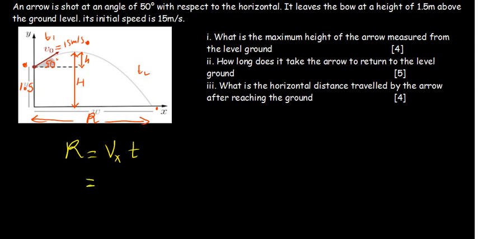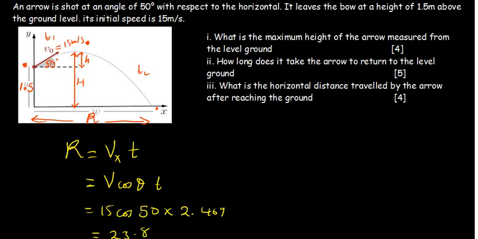Velocity in the x is given by v cos theta multiplied by the time. So velocity is 15, cos of the angle 50. The time of flight we have just calculated, 2.469. So this is going to give us about 23.8 meters. So that is going to be it for this question.